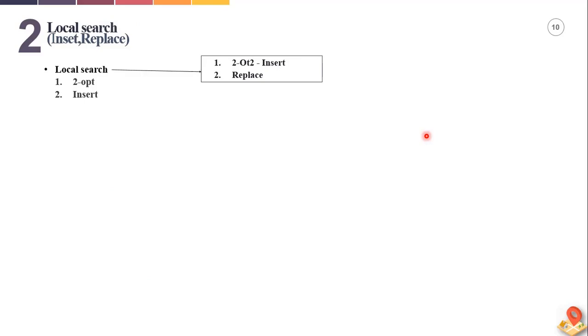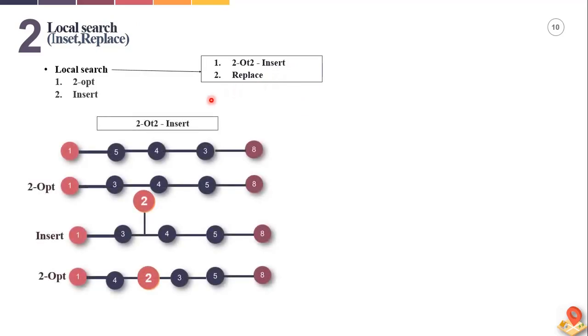In the local search phase, we applied insert and replace. Our proposed insert is a combination of 2-opt and adding a new vertex. First, 2-opt is applied, and after adding a new vertex, 2-opt is applied to the new route.